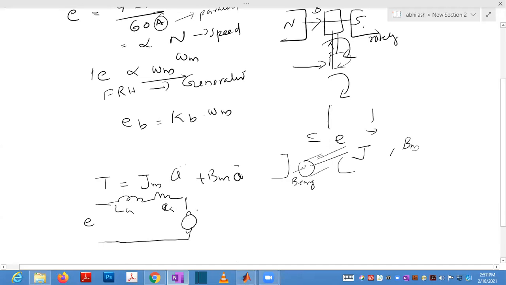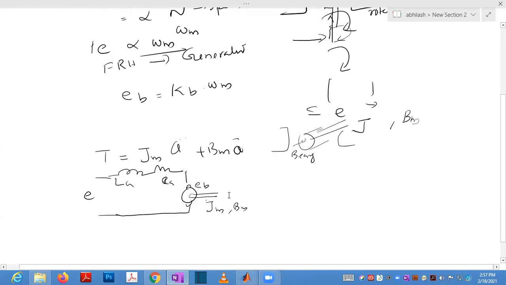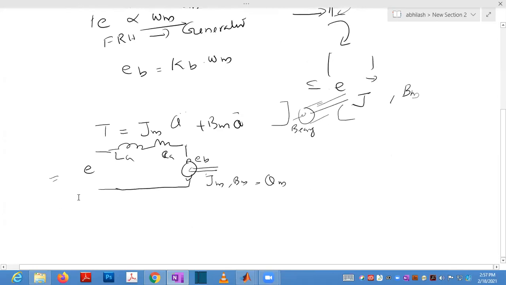The armature rotates and produces Eb as back EMF, and it develops a torque, which acts on Jm and Bm, so it will produce the output. If you measure theta m, this is the output, and E is the input. So you can derive a transfer function between theta m and Ea.